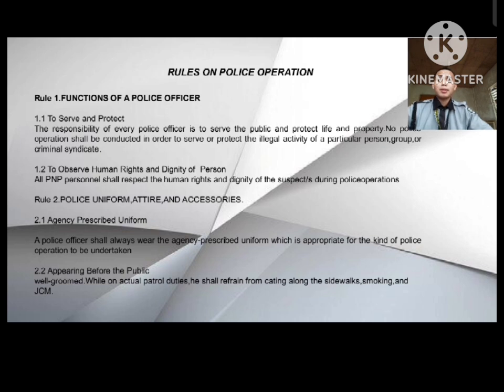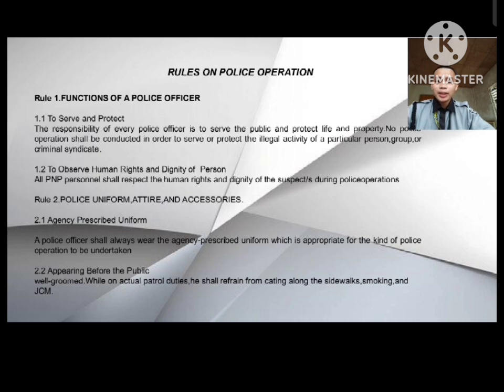Rule number two talks about police uniform, attire, and accessories. In the agency-prescribed uniform, police officers must wear the proper uniform that is approved and prescribed by the agency. The uniform itself represents discipline, authority, and public trust.